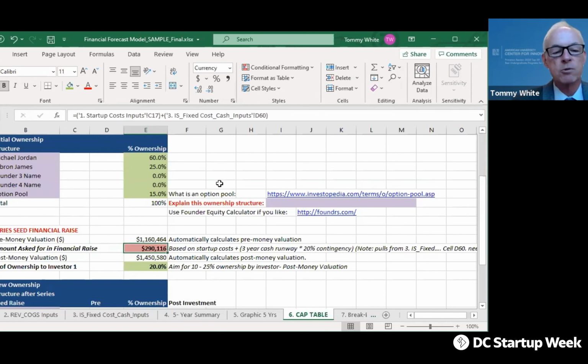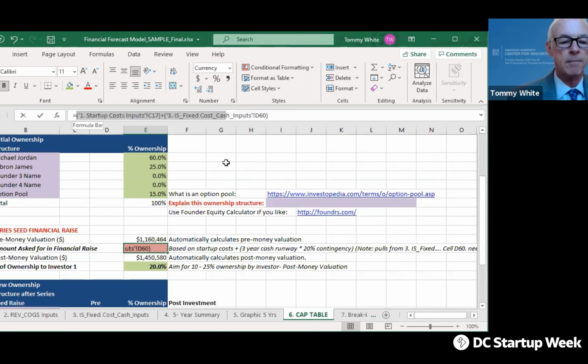Here, in this red box here, this number represents three numbers. It represents our startup cost of $70,000. It represents our cash that we need, $183,000, plus the 20% roughly contingency that we have here. So this number automatically pulls from those two places. If you look up in the formula here, you can see where those numbers pull from.